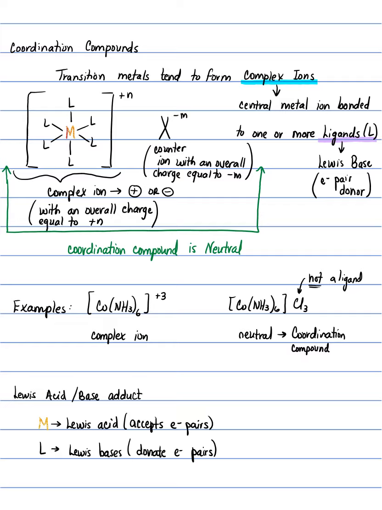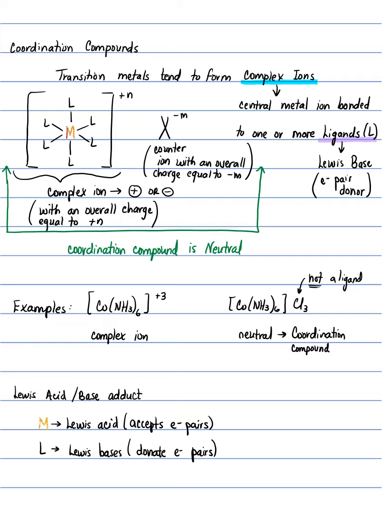And now you don't get to see an overall charge because you have Cl3. Those 3 ions of Cl are your counter ions. So your complex ion will have a positive 3 charge, but then your 3 counter ions, your chlorides, will neutralize those 3 positive charges with their 3 negative charges, and now you have your coordination compound.